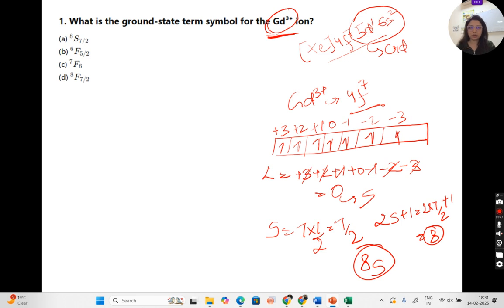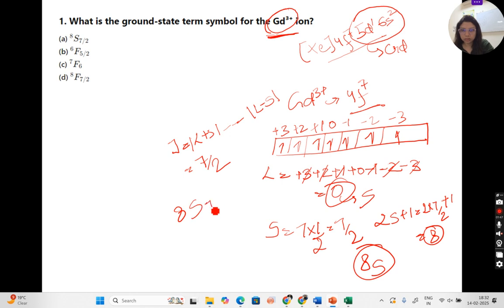For the calculation of J, we take L plus S to L minus S, and as L is 0, we will get only the value 7 by 2. Hence the term symbol will be 8S 7/2, which corresponds to option A.